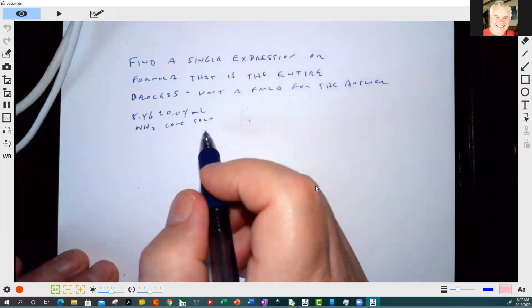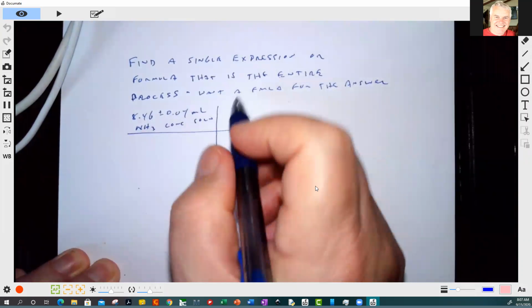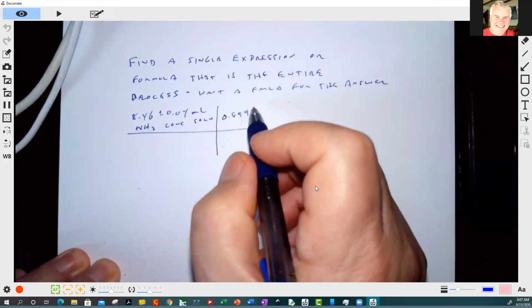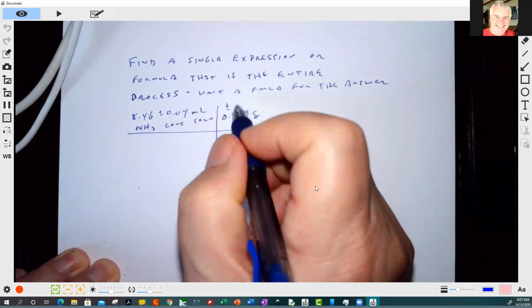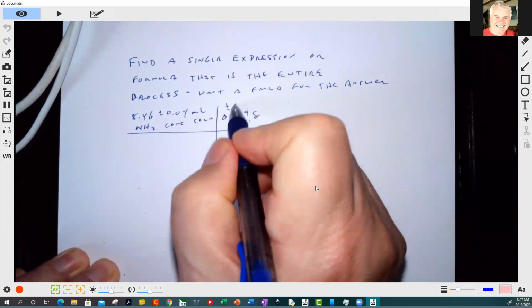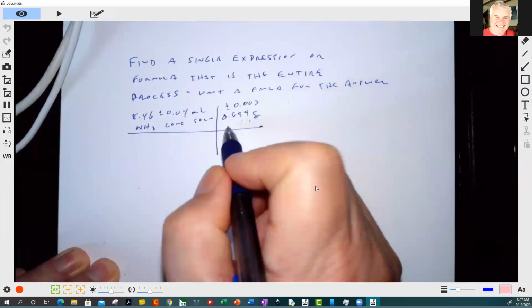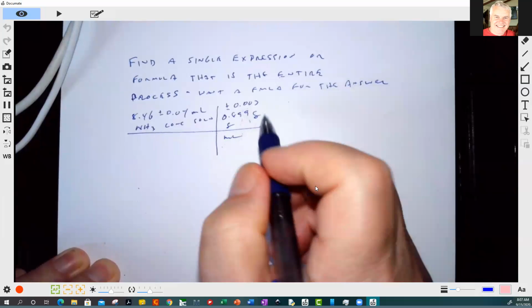Kind of a long name, right? I'm going to multiply that by 0.899 grams. It also has a plus or minus 0.003 grams per milliliter.